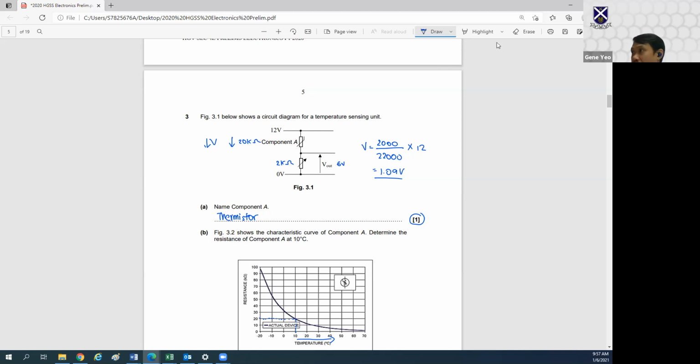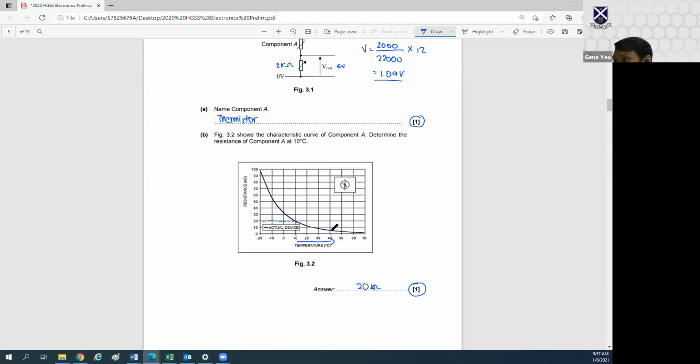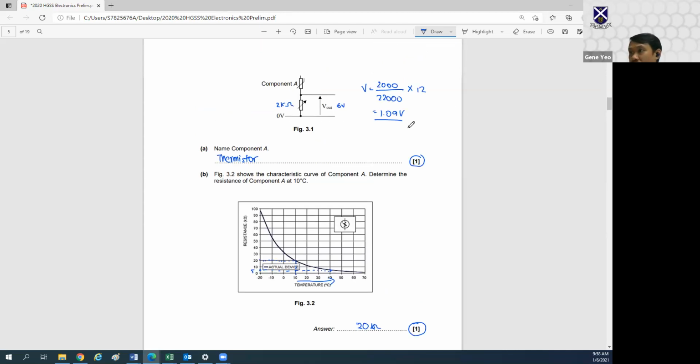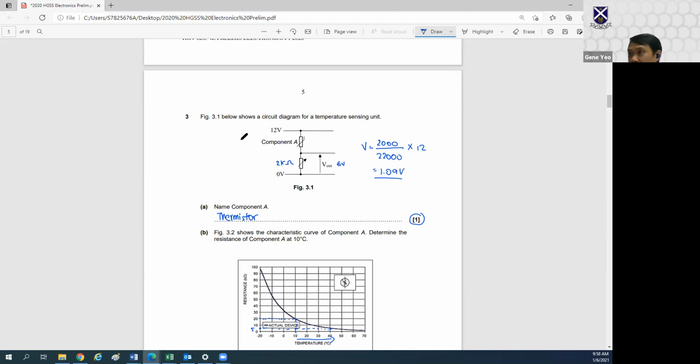So if this is 40 degrees, let's look at 40 degrees. 40 degrees is over here. I'm going to assume that it is at 5 kilo ohms, okay, over here. If I draw a line here, it's halfway mark, so it is at the 5 kilo ohms. So this fella is now 5 kilo ohms.